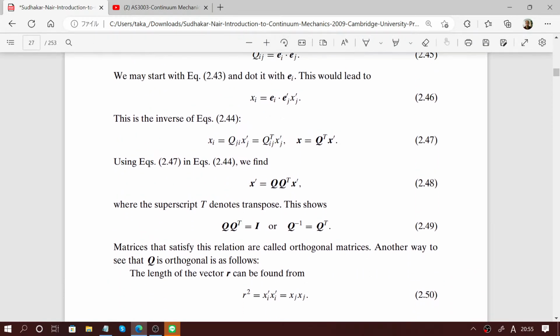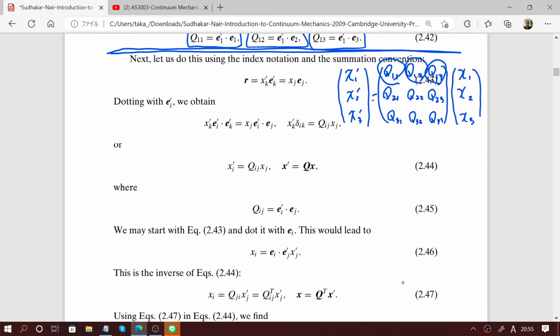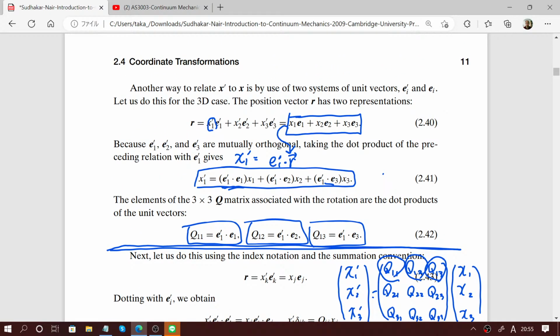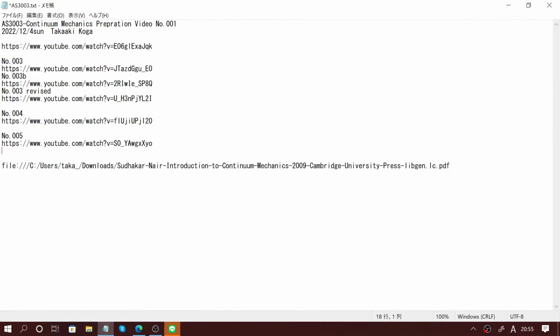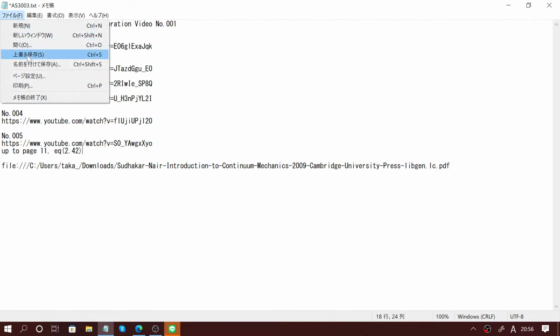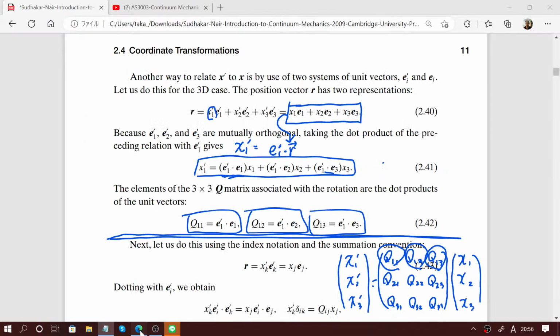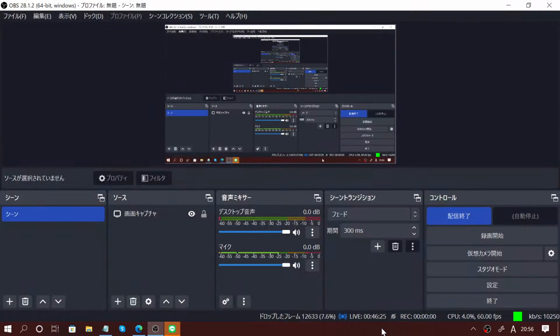I stop at page 11, equation 242. So I can continue next time. It's already 46 minutes.